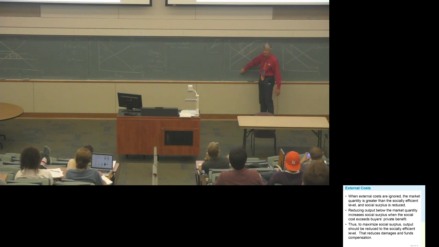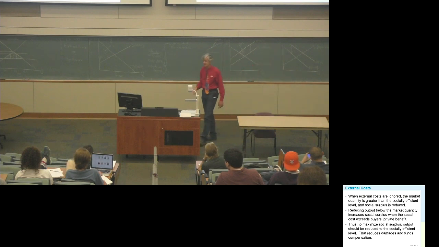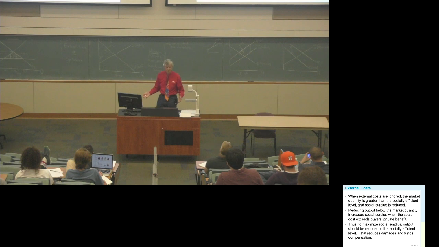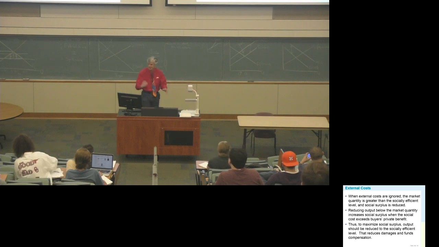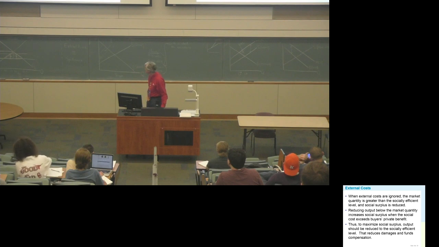Going with the bean story, fewer elevators will be stunk up if this many beans are going to be consumed rather than this many. So that's what it means there. It says that reduces damages. By having less produced, there are fewer of the external effects out there, whatever those were. In the case of the beans, the fumes that result sometimes as a byproduct.